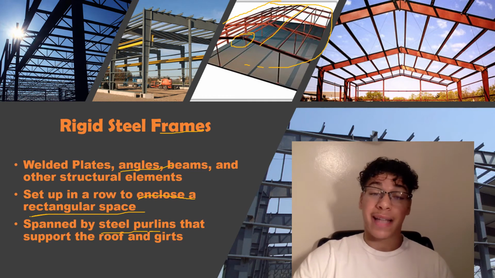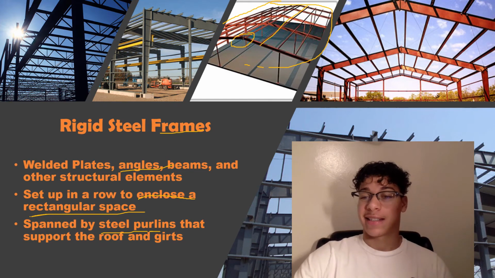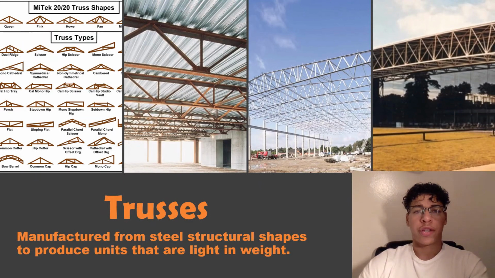So now let's dive into trusses. These trusses are basically the framework that mainly supports a roof or a bridge, and of course other structures. And these trusses are manufactured from steel structural shapes to produce units that are light in weight, especially compared to plate girders that I talked about in previous slides.